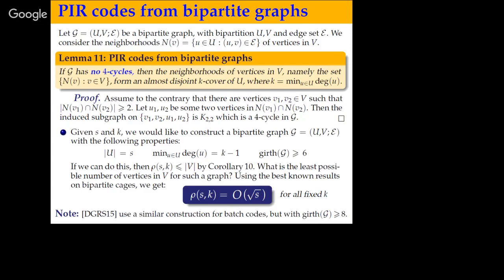Well, and this is asymptotic in s. In fact, we care about specific values of s and k. So these constructions are not identical. They compete with each other. But asymptotically, they both look like that, square root. Oh, and this is a comment. There's something known as batch codes. I'm not going to explain what it is. And for this, you need larger bursts.